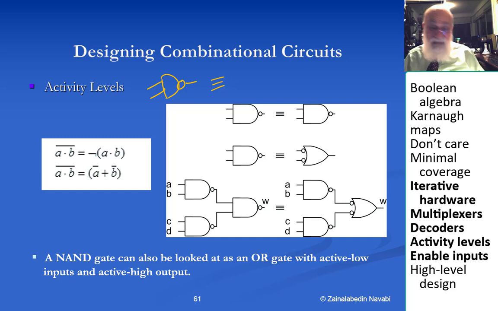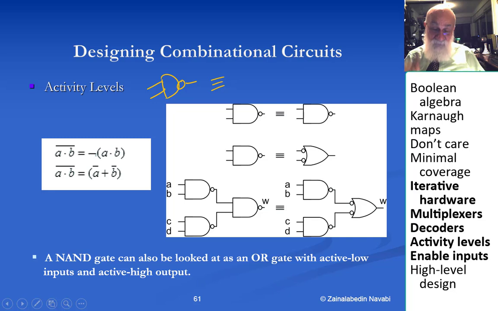So I can either say an AND with active low output, or I can say an OR with active low inputs. Okay?